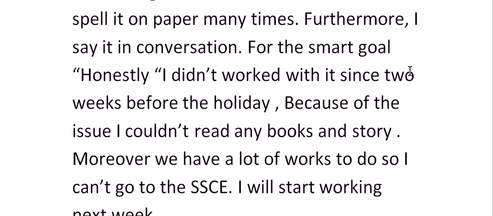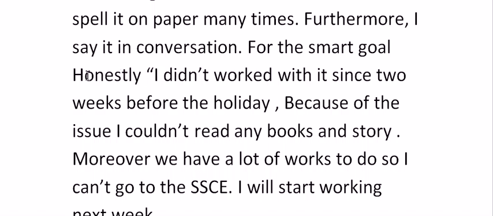For the SMART goals, I asked my students to write some goals for the semester. For the SMART goals, honestly, I didn't work it. Why on earth are these things here? No idea. Okay, so for the SMART goal, there was more than one.